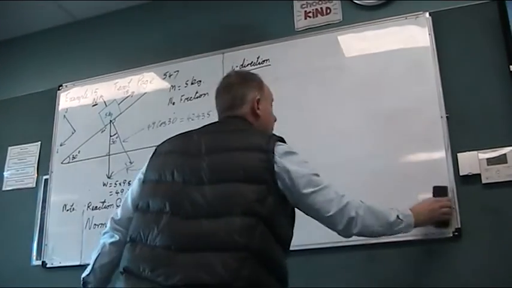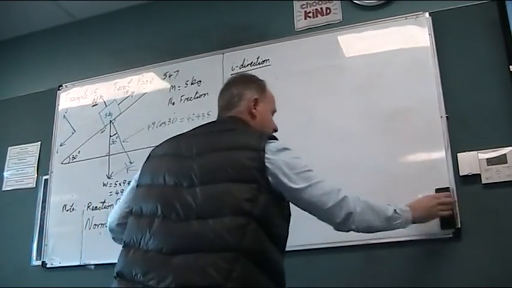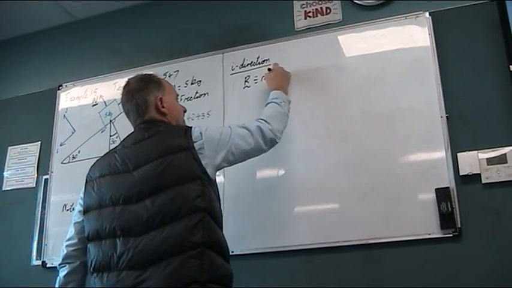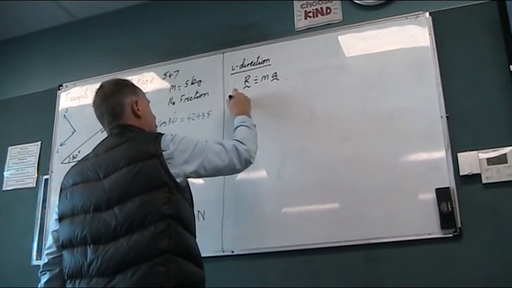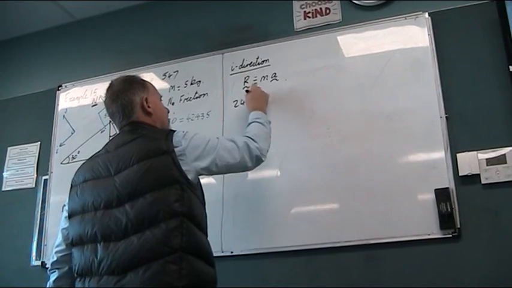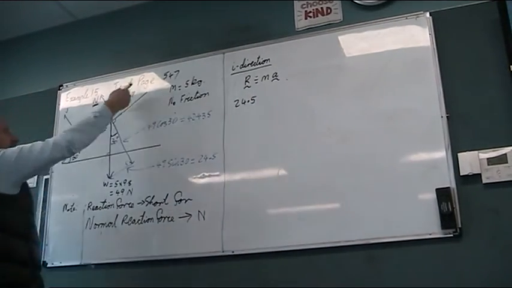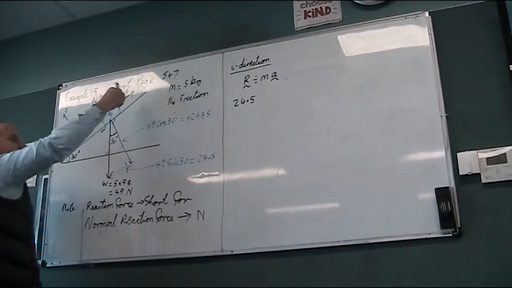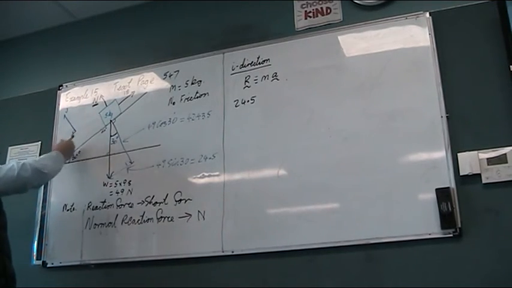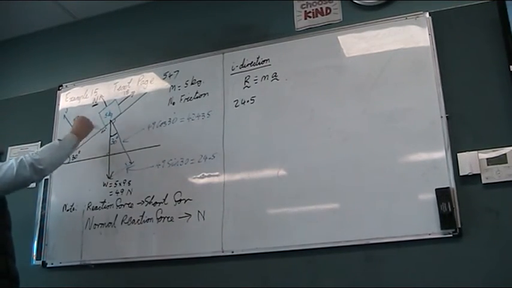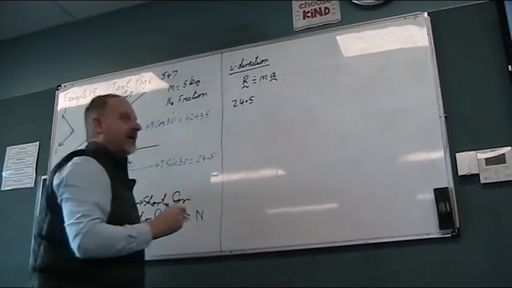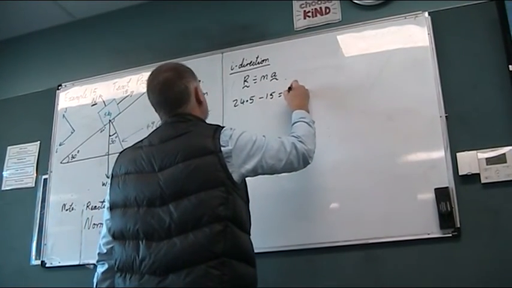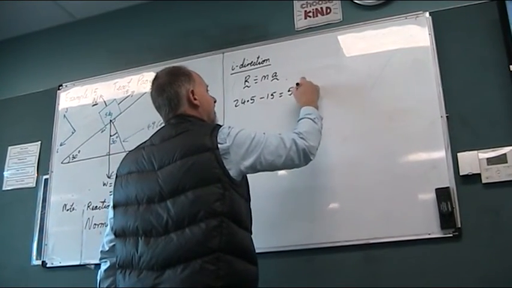Just before I do that, what am I doing? I'm doing the resultant force is mass times acceleration. And the resultant force is that 24.5. And also in that direction we've got this 15, but the 15's up the plane, so if 24.5 is down the plane, which is positive, then I'm going to take away the 15. And that's 5A.